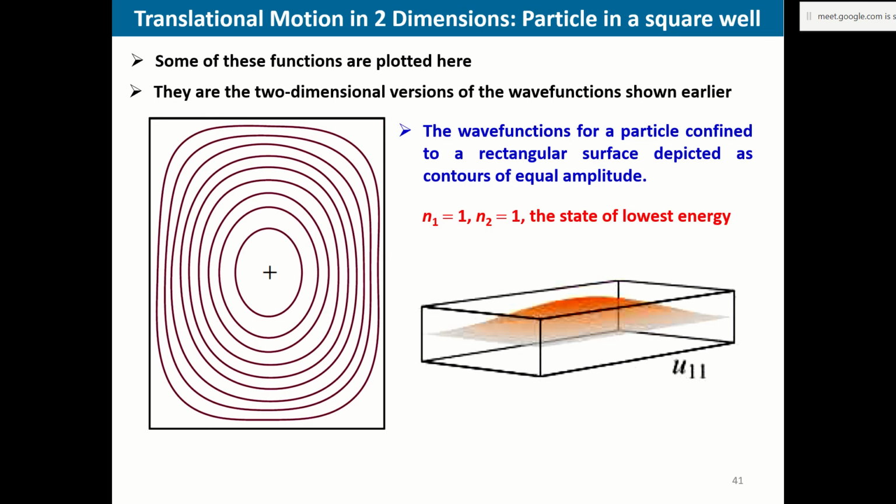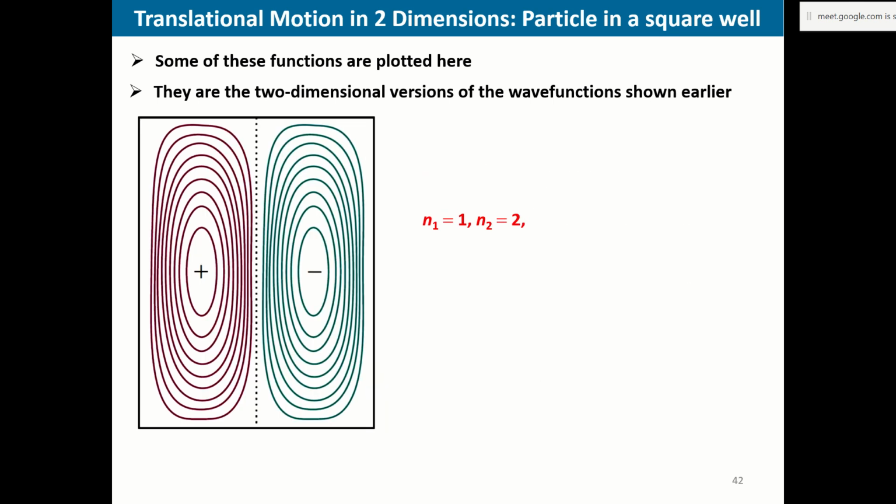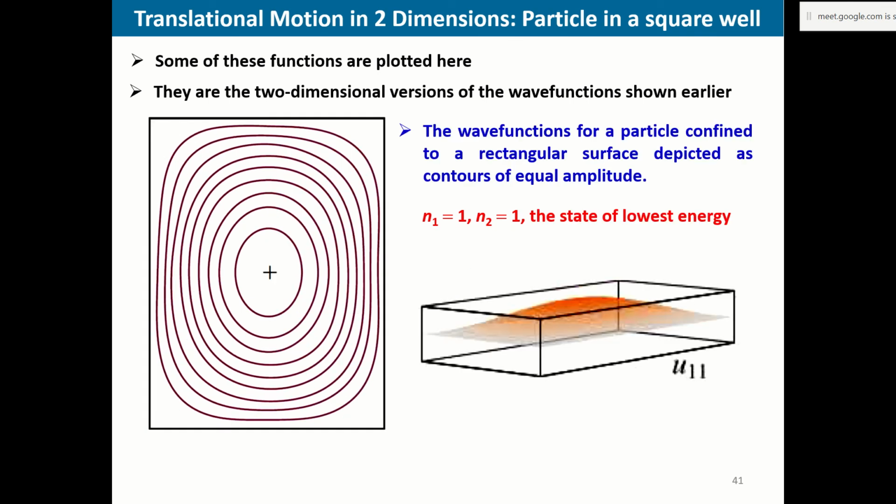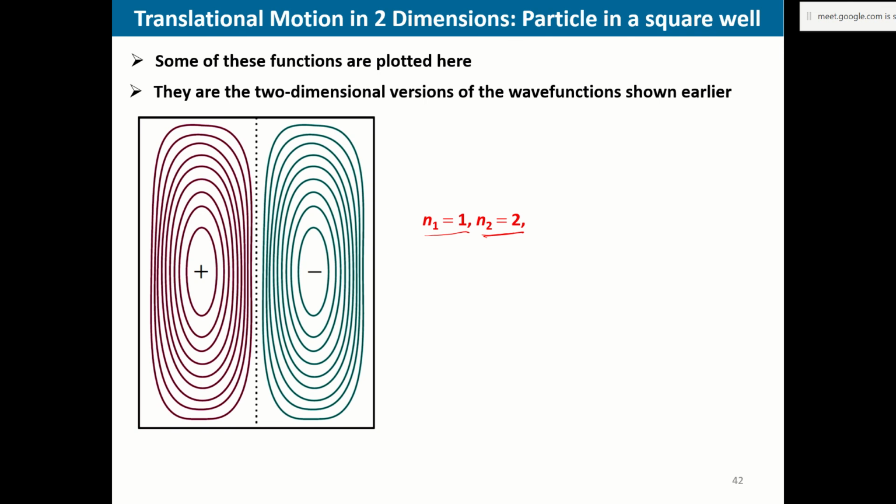In the second case, n1 is equal to 1, n2 is equal to 2. So imagine what you have along n2. With x and y as we have defined, along n2 there will be a node. So along y there will be a node, along x there will be no node.